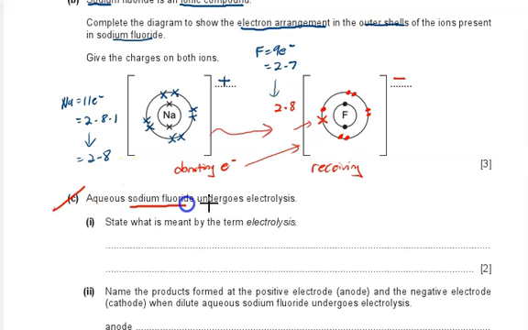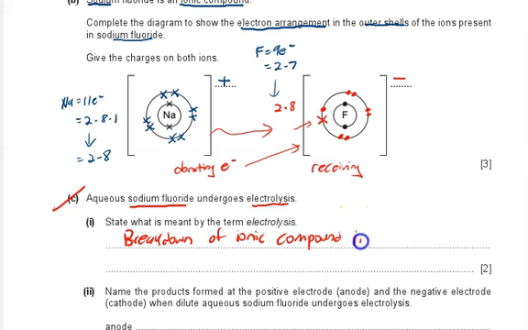Aqueous sodium fluoride undergoes electrolysis. State what is meant by the term electrolysis. So we can follow this. It's a breakdown of an ionic compound or substance.